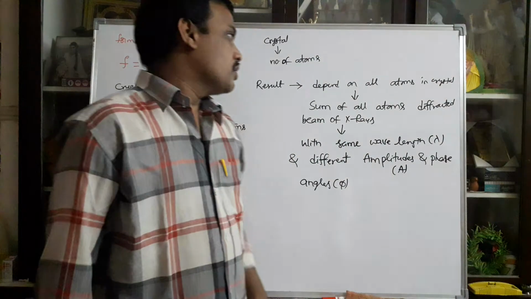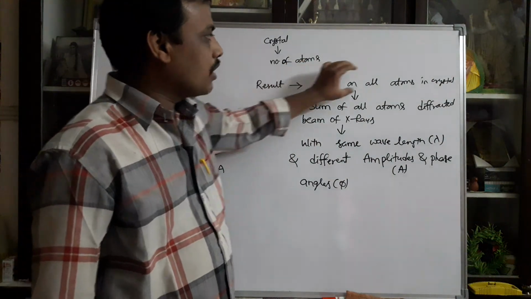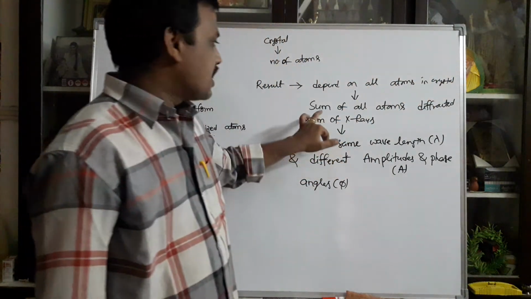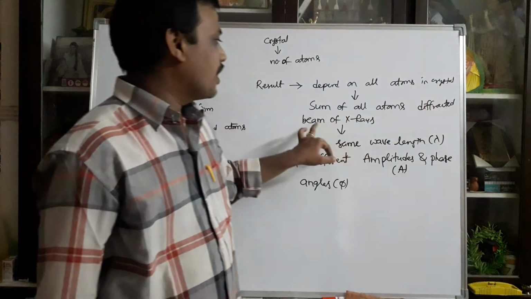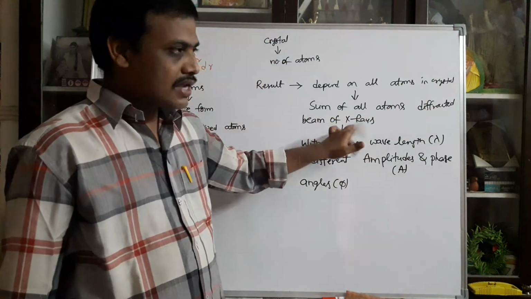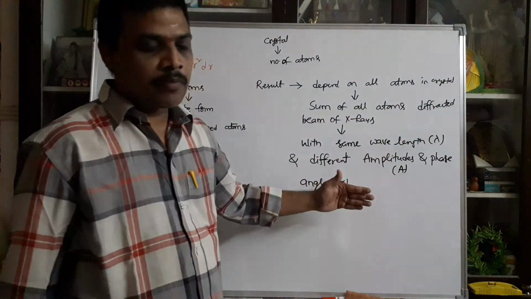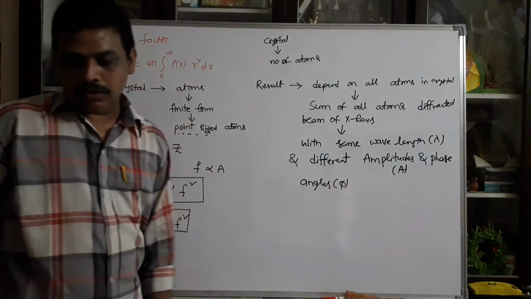It is the sum of the diffracted beams of all atoms, which have the same wavelength but different amplitudes and phase angles.